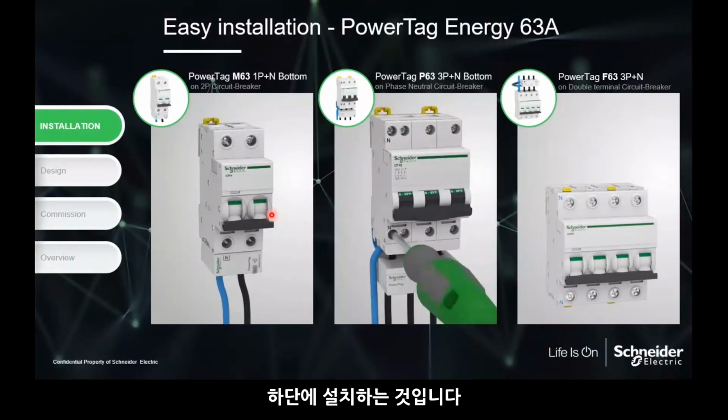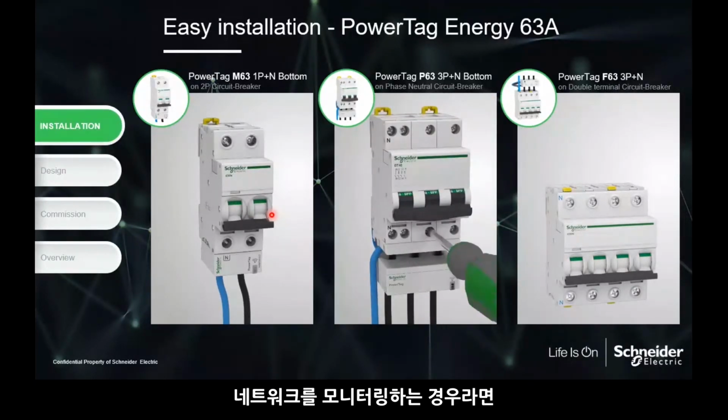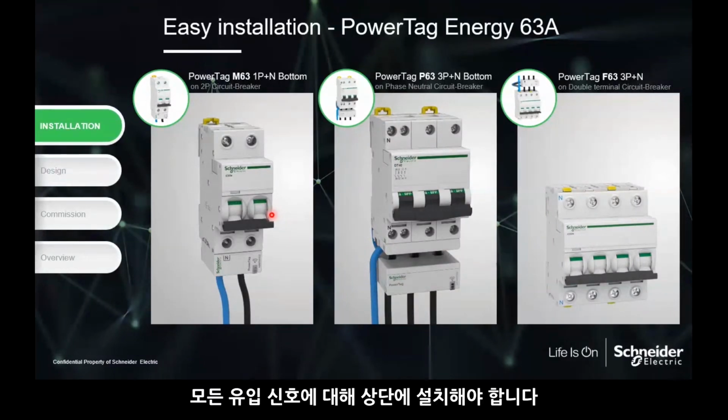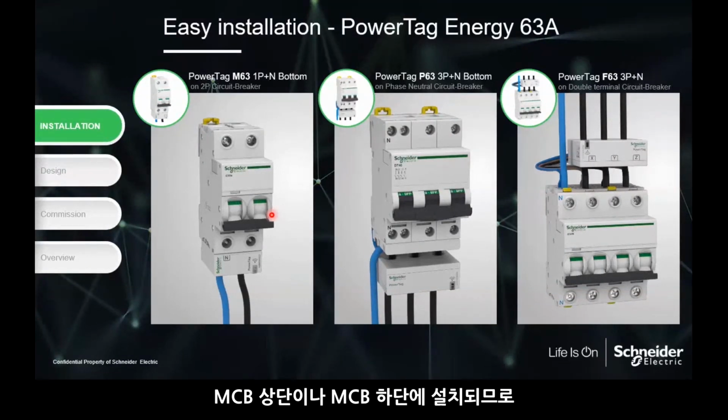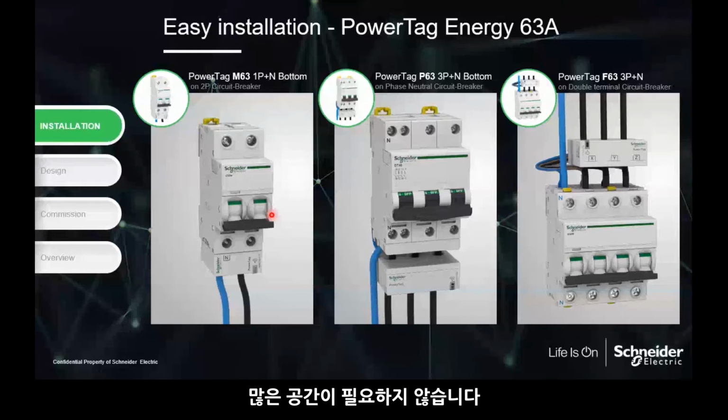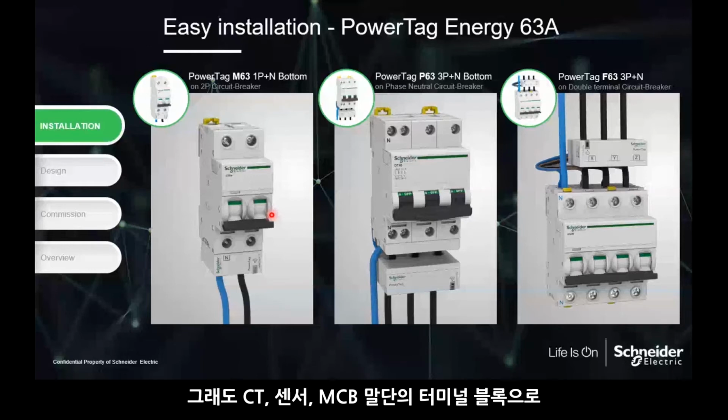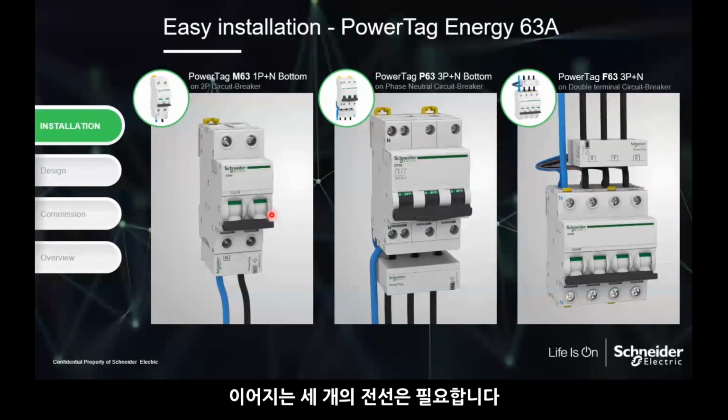If you're monitoring the network, then you put it at the top, on the incoming side. As I said earlier, there isn't a lot of footprint required because you just sit on top of or below the MCB. Anyway, you still need the 3 wires to go through the CTs, the sensors, that go to the terminals of the MCBs.